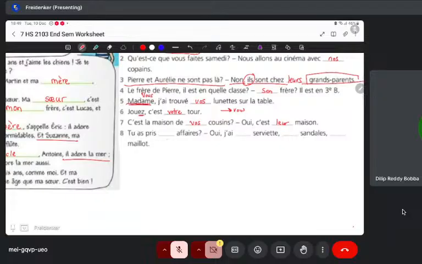Okay, here we know someone is saying tu. So have you taken dash affair? Whatever this means, this is in plural, no? When tu is there, have you taken your affairs? Whatever affairs means, have you taken your affairs? And for tu, your means you have TON, you have TA, you have TES. Since this is in plural, I will write TES.